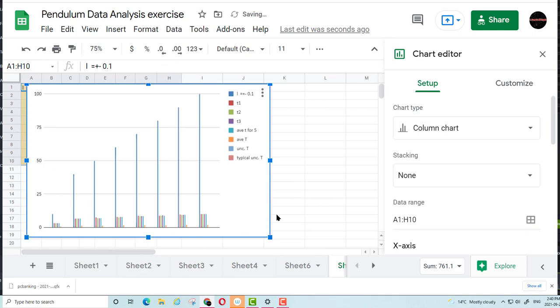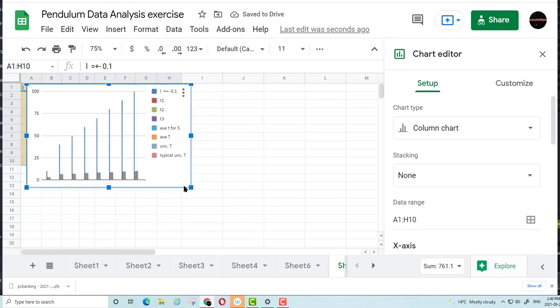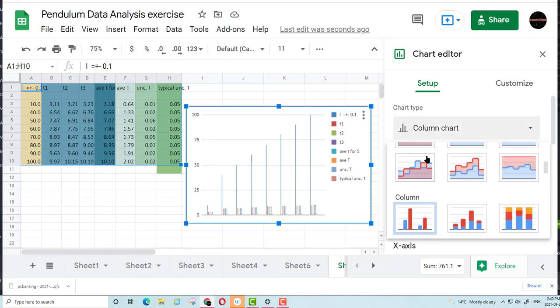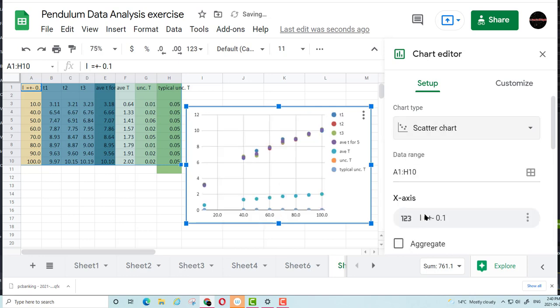And you'll get some kind of wild looking thing here. And this thing called the chart editor should open up right away. If it doesn't open up right away, just double click on your chart and it'll come up. So if we go to Setup here, the first thing we want to do is choose the right type of chart. And what I'd like is a scatter graph, which is right here.